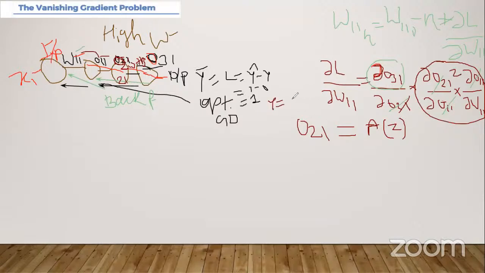Initially we have Y, right? The summation of all inputs multiplied by weights, plus biases B, correct? Let me write in different colors so you guys will be able to understand. Initially, when I calculate Y, it sums up all the inputs multiplied by weights plus the biases.